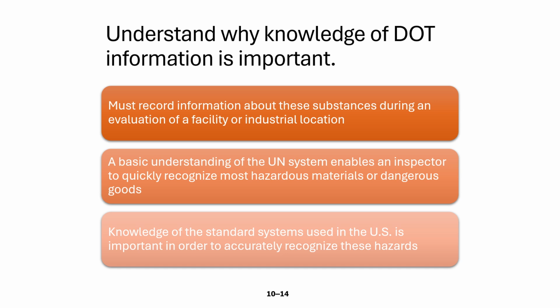So understanding the system used in our country, the United States, is important to accurately recognize these hazards. So you're really out there gathering the information, helping yourself being identified by a UN number or some type of identifier that we have, possibly a certain type of material that might pose a hazard.